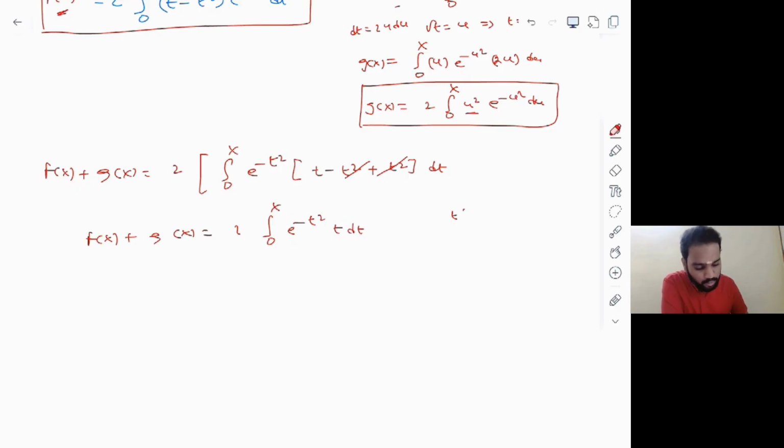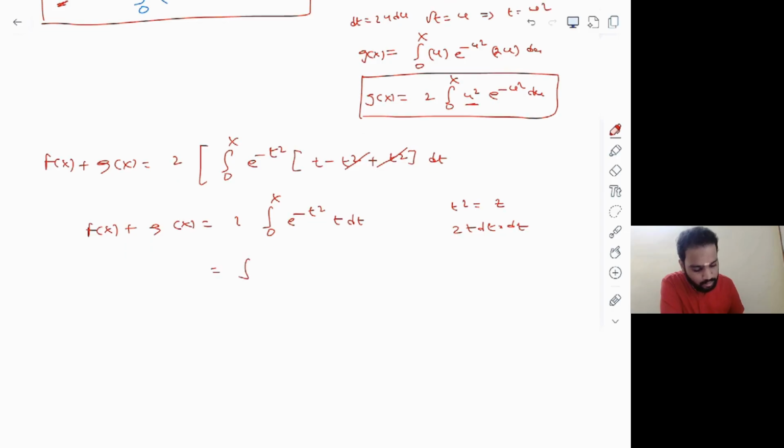So finally you can put here t square is equal to z, so that 2t dt becomes dz. So what about the limits here? This will be integral 0 to, if you put t equal to x, this becomes x square for the z value. So this becomes finally integral 0 to x square, and 2t into dt is dz, and t square is z. So this is e to the power of minus z.